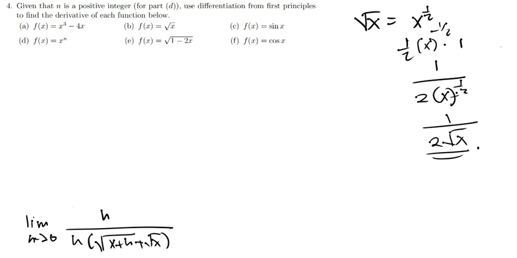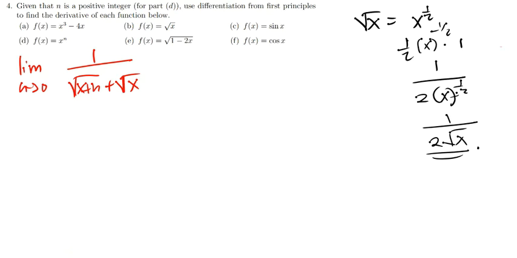Once I cancel h, I'm going to remain with the limit as h approaches 0 of 1 divided by root of x plus h and also root of x. At this point, I can plug in the value of 0.